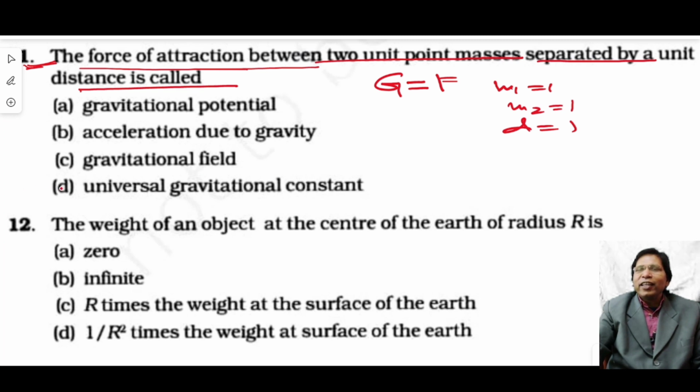So look at this, the universal gravitational constant is the force of attraction between two unit masses separated by unit distance.